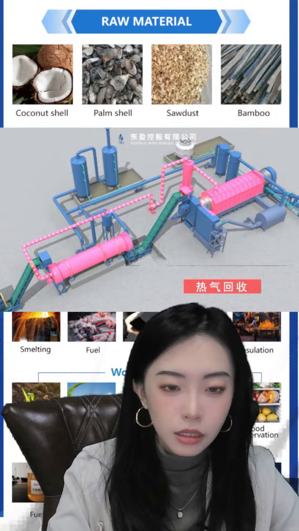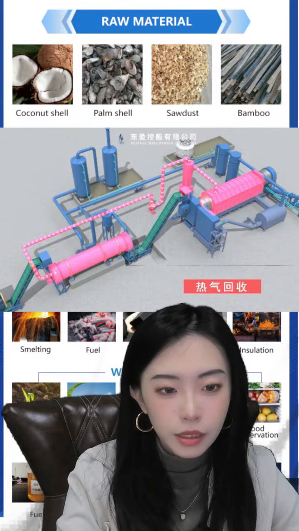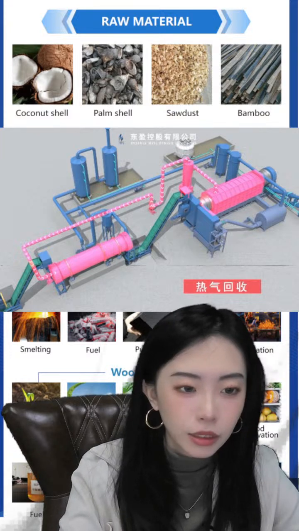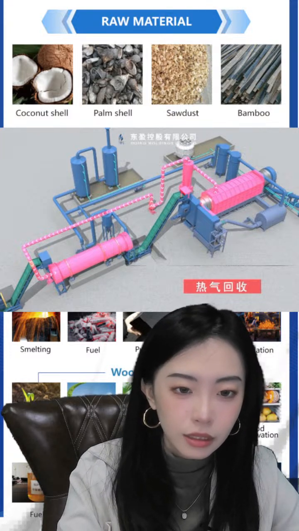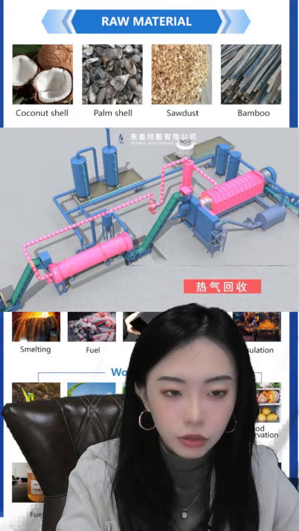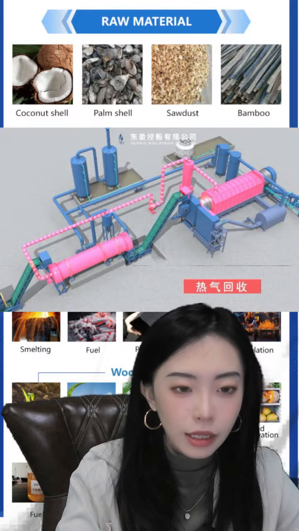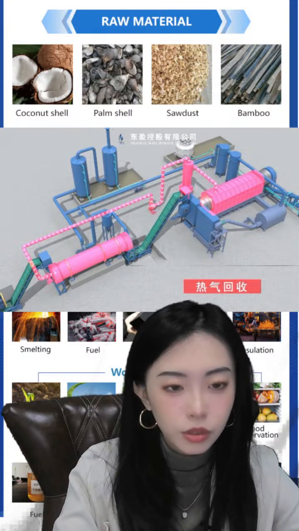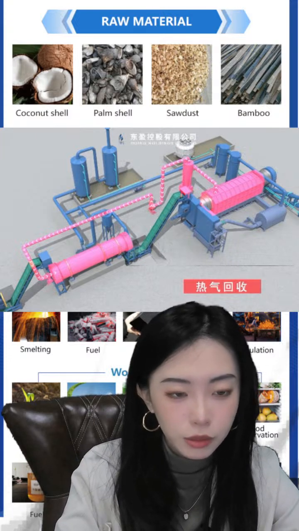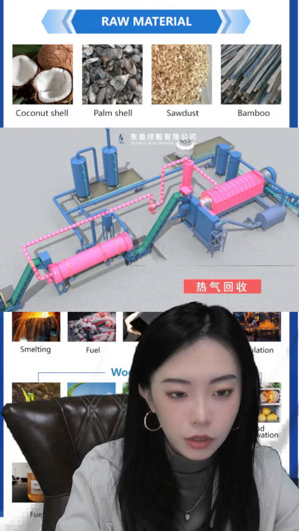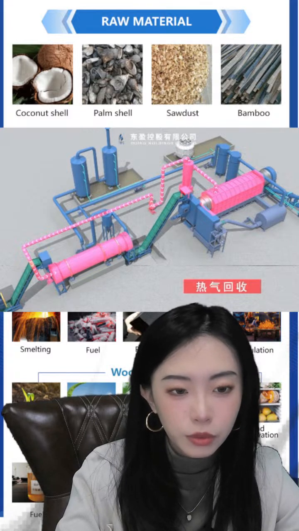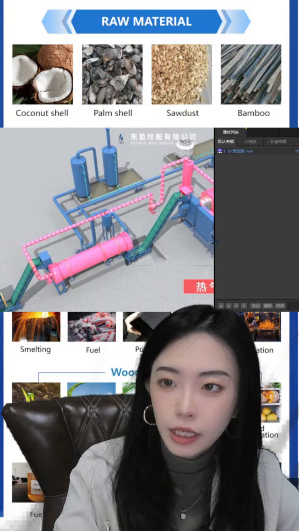The hot air is extracted by this extracting fan and processed through the cyclone dust collector, and is sent to the carbonisation system. When the carbonisation system reaches the normal temperature of 400 to 600 degrees, it then goes to the dryer to save energy.